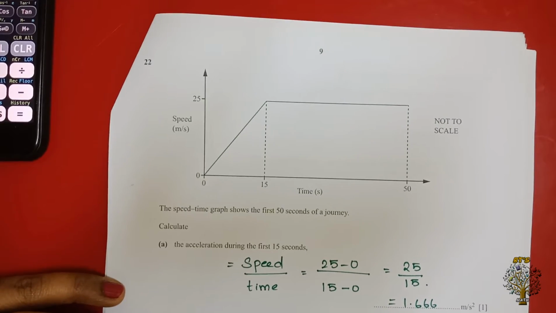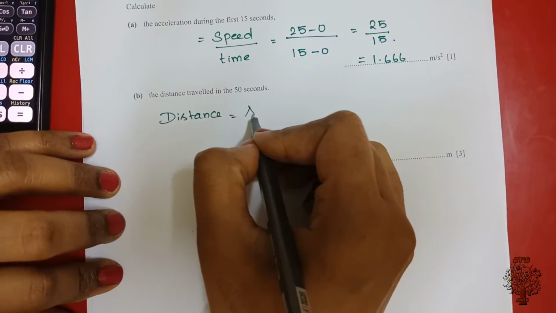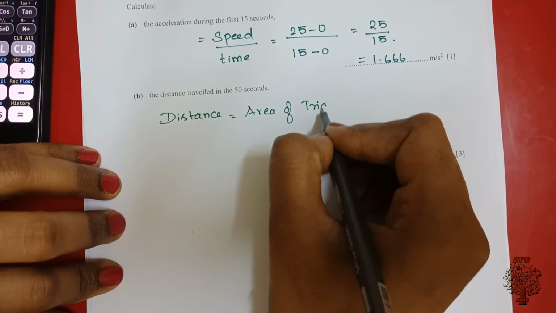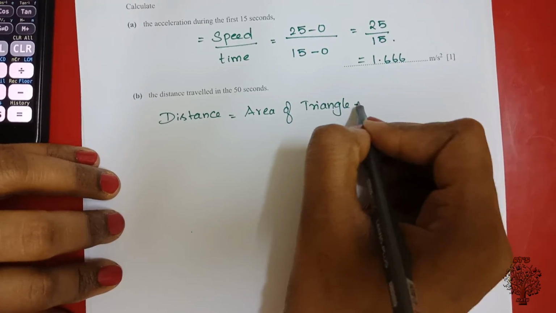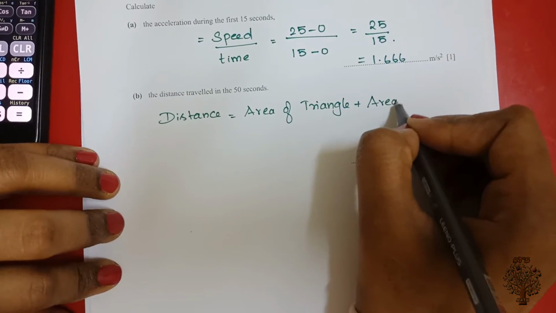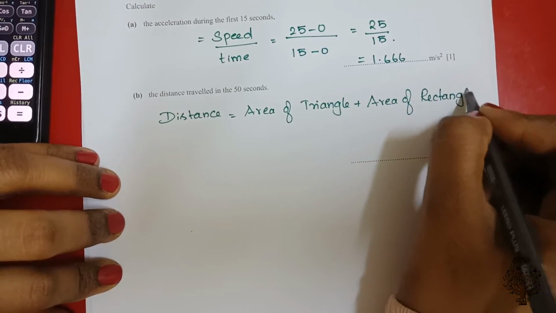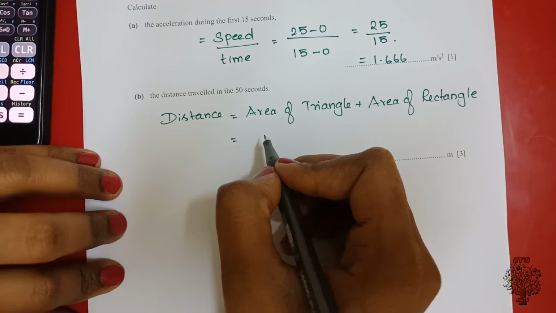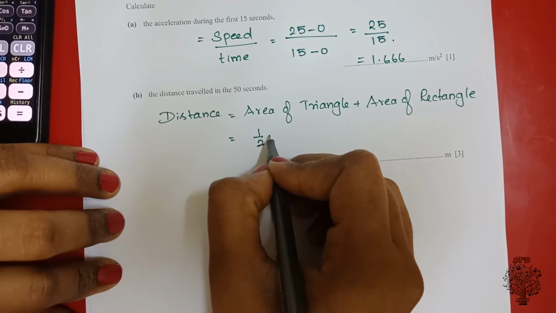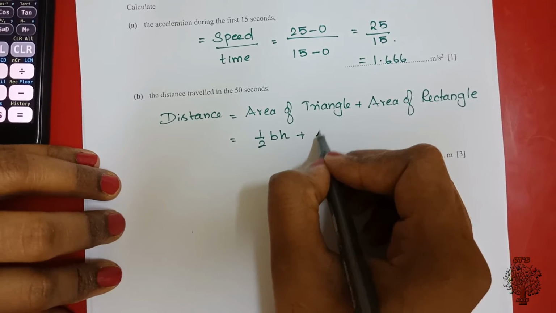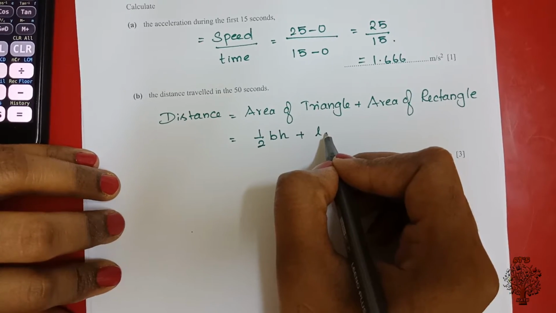You will be writing distance is equal to the area of the triangle plus the area of the rectangle. You know the area of a triangle formula, half multiplied with base multiplied with height. Area of a rectangle is length multiplied with width.